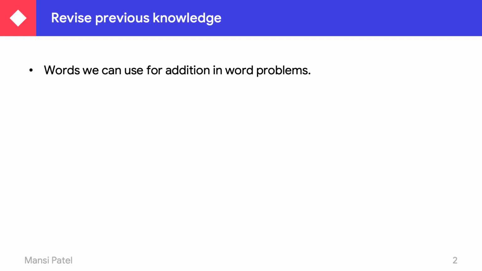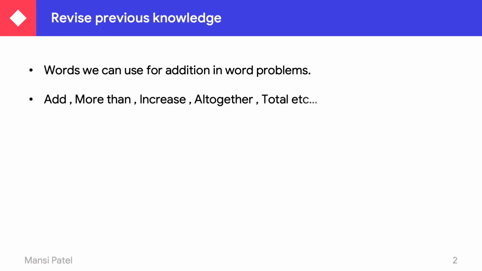Now let us see some previous knowledge about word problems. Words we can use for the addition in a word problem. Whenever we have to solve any word problem, we can use some words. Which are those words?